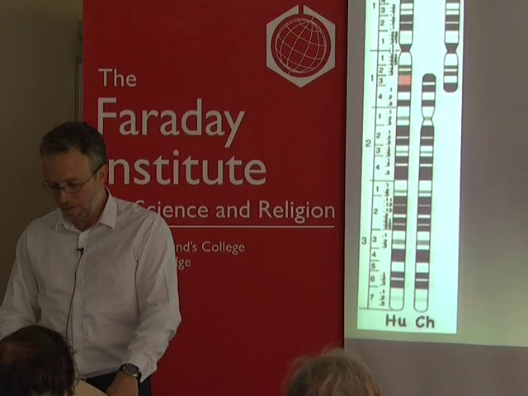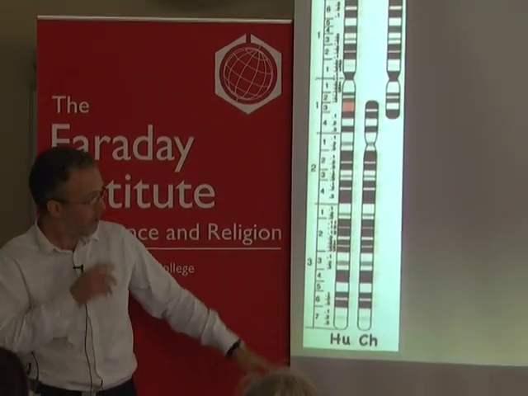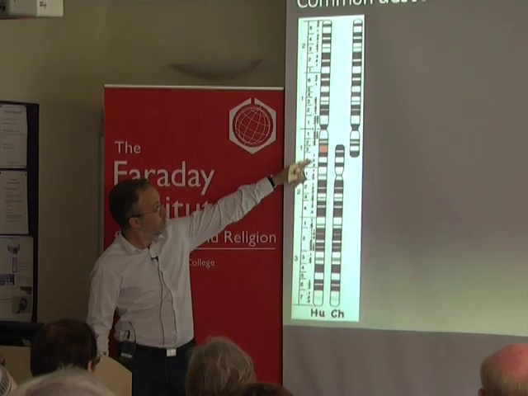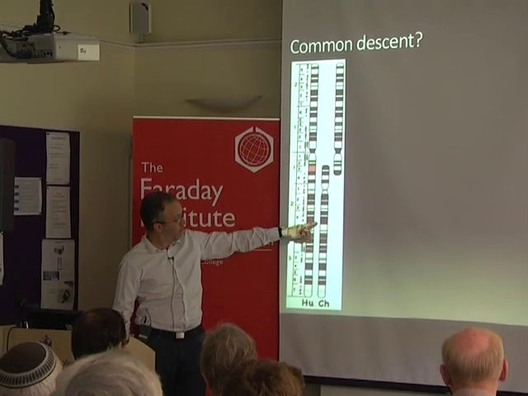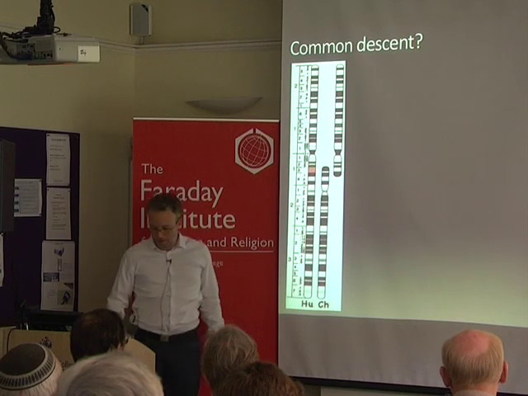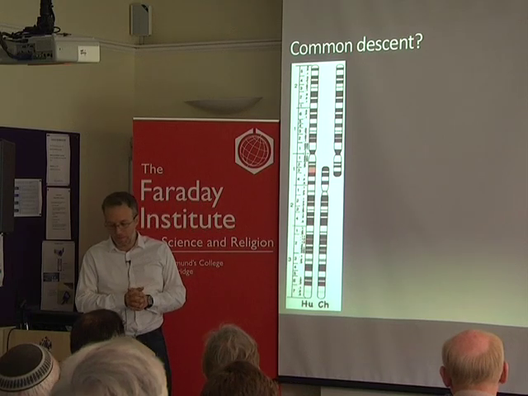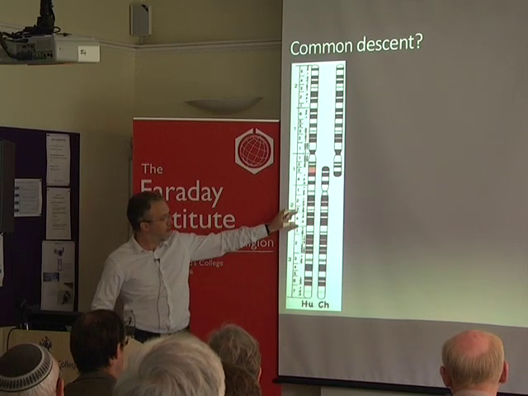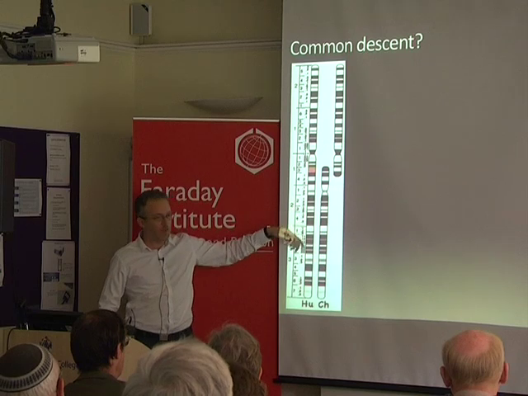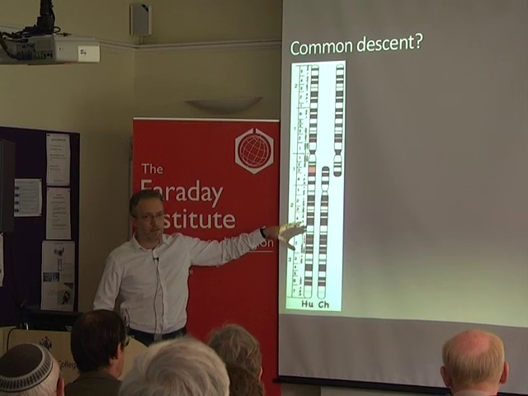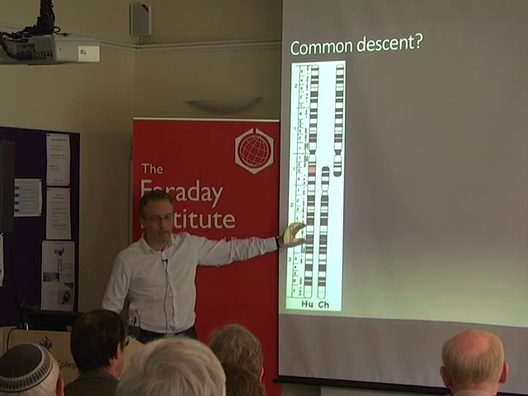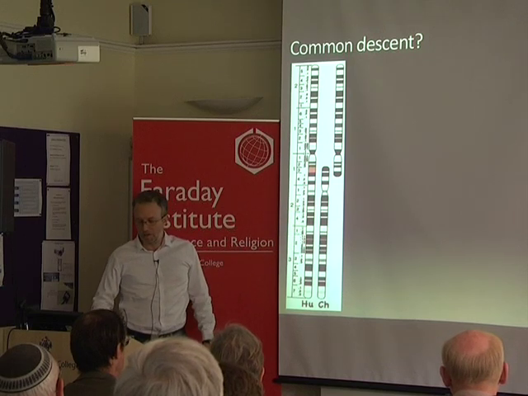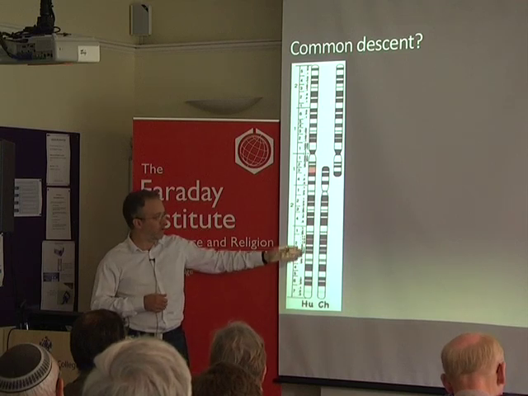If you look at this more closely, this would be the human chromosome number 2, and these are the two small ones, 2A and 2B, from the chimpanzee. These bands are obtained when you dye the DNA, and they are linked to the density of DNA along the chromosome.